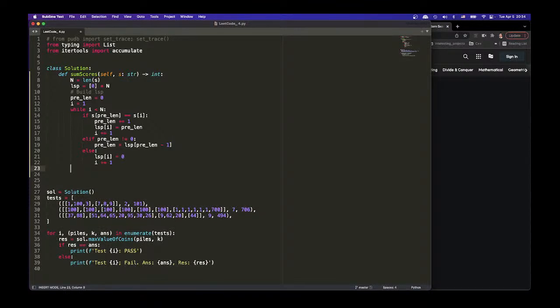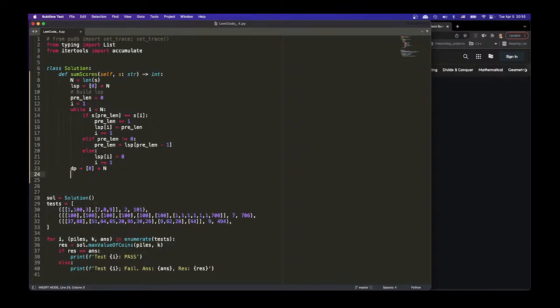So once we build the LSP, I want a DP table. Okay, so that's a DP table. So now what do we do? So I will loop through the LSP, and for each one, I'm trying to count.